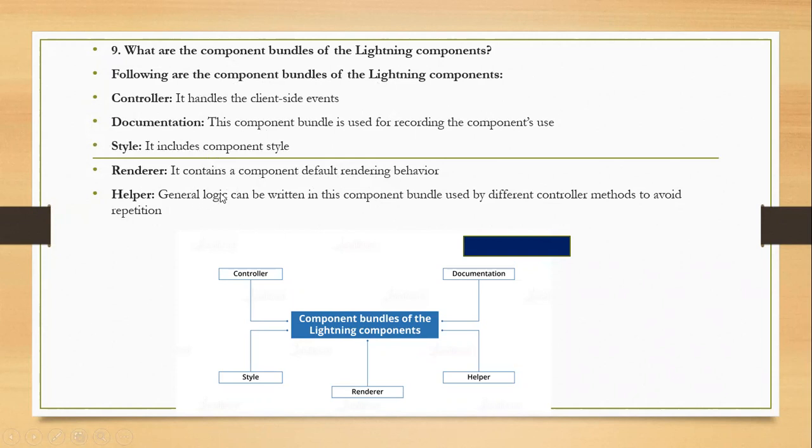Helper: general logic can be written in the component bundle and used by different controller methods to avoid repetition. So the component bundle of Lightning components: first controller, second style, third renderer, fourth helper, and fifth documentation.